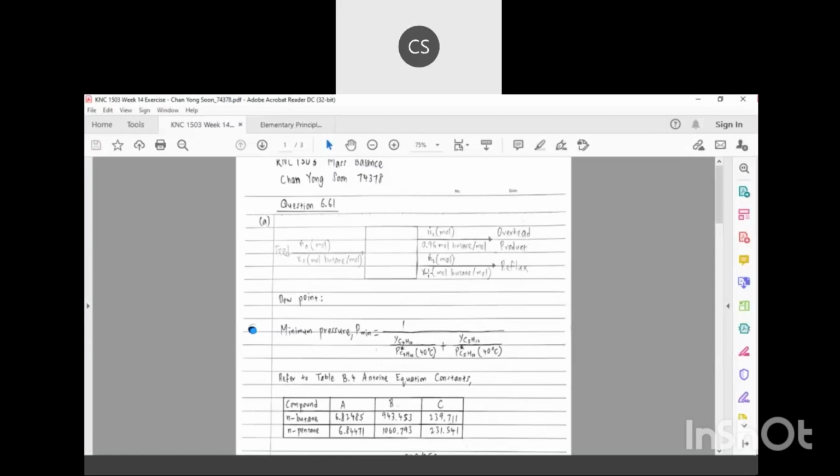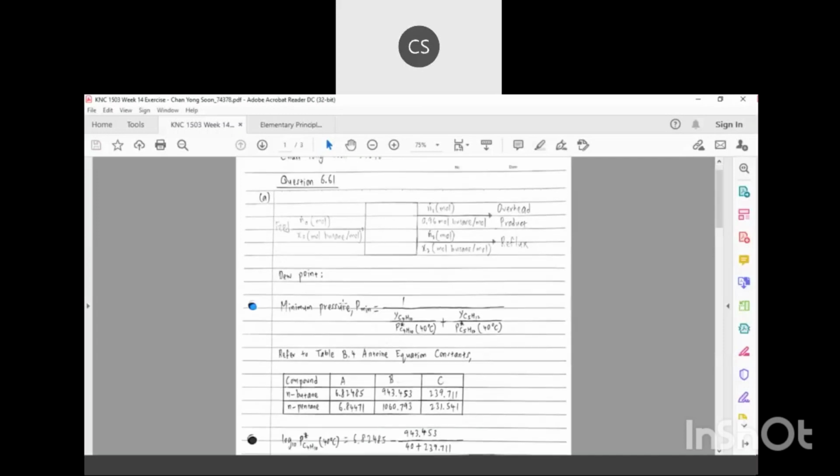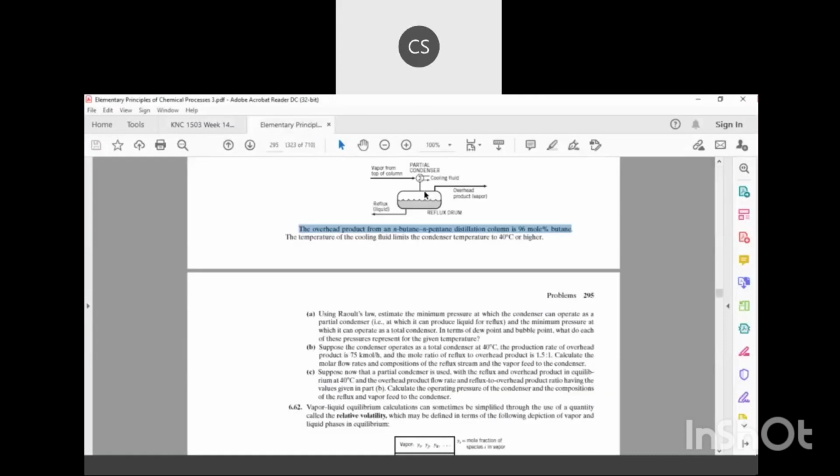For the reflux, I put N2, which is the molar flow rate of the reflux, and then x2, the mole butane per mole, which is the molar composition of the butane in the mixture. Okay, so in order to calculate the minimum pressure at which the condenser can operate as a partial condenser, it is needed to find the dew point pressure.